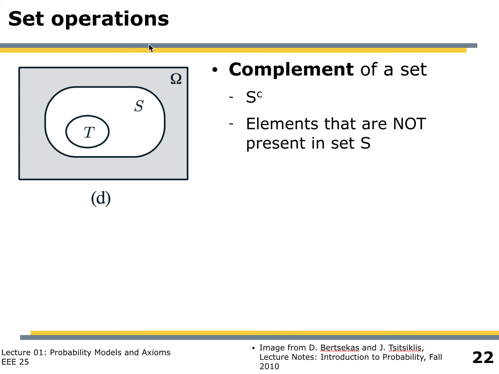So for example, in this Venn diagram right here, when we say the complement of S, then we are referring to this shaded region right here, which is outside set S. Now if I say the complement of the set T, then the shaded region becomes bigger and it will now include this area right here, just outside this small oval that represents the set T.